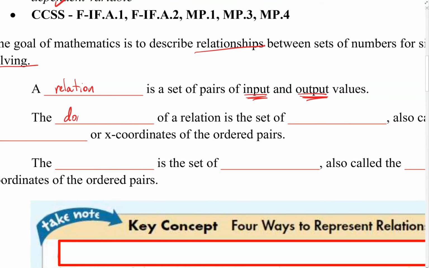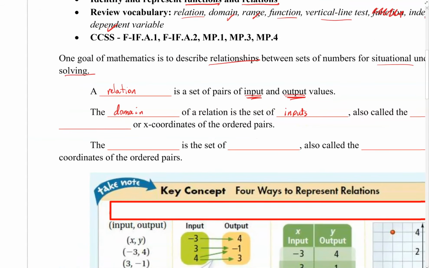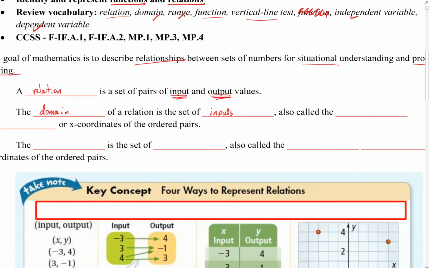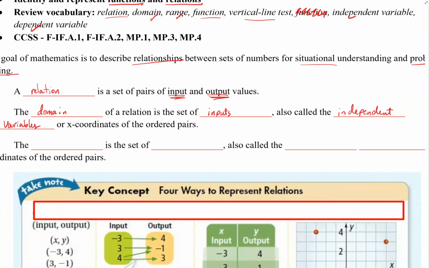The domain of a relation is the set of inputs, also known as the independent variables, or x-coordinates of the ordered pairs. So every relation has a domain, and the domain is what we would consider our input values. What values can we place into the relation and calculate a result from them?